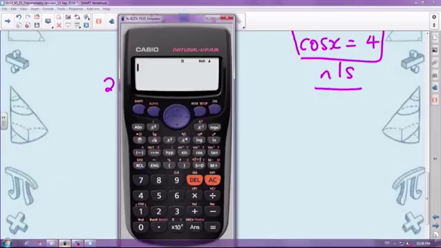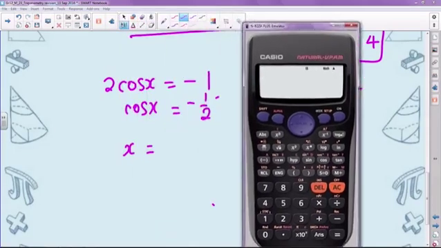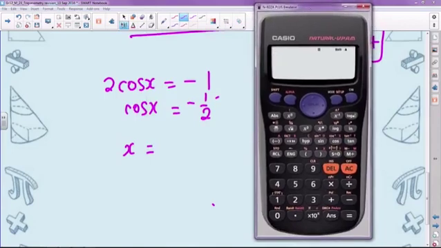The way I'm going to do it is a way most of you should start learning at school. It is the more improved version of working out a general solution. I'm going to say shift cos of, and I put in the negative a half, and you get 120 degrees.